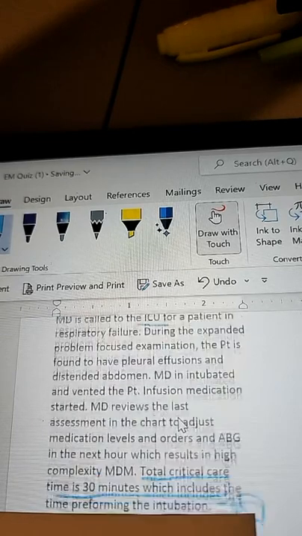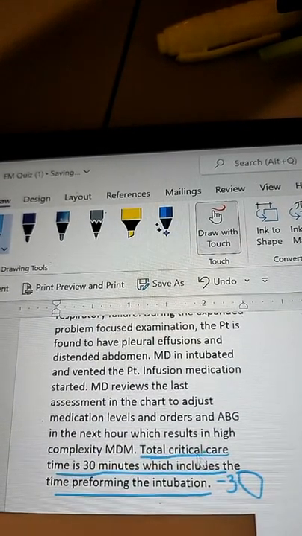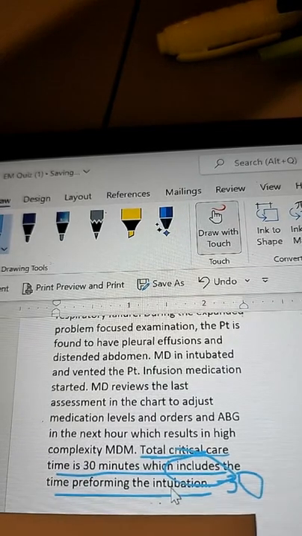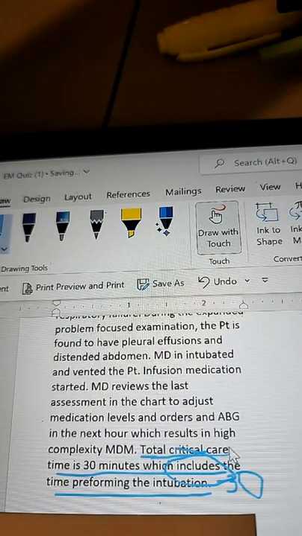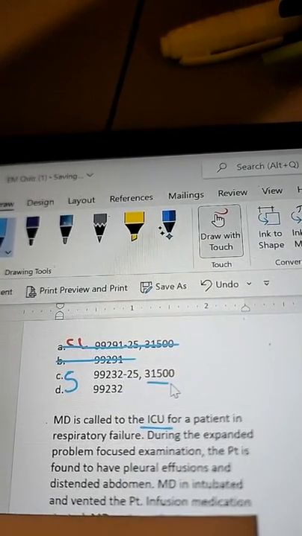The doctor did do 30 minutes of critical time, but it included intubation. Intubation has a guideline that says you got to take 30 minutes off of critical care time and only bill what's left for critical care because you're getting paid to do the intubation.